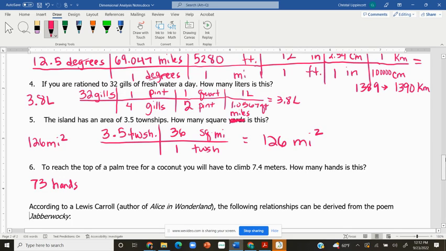I changed the problem to make square miles, and it made it very easy. I just think it would be like that short. Yeah, and there are some that short.